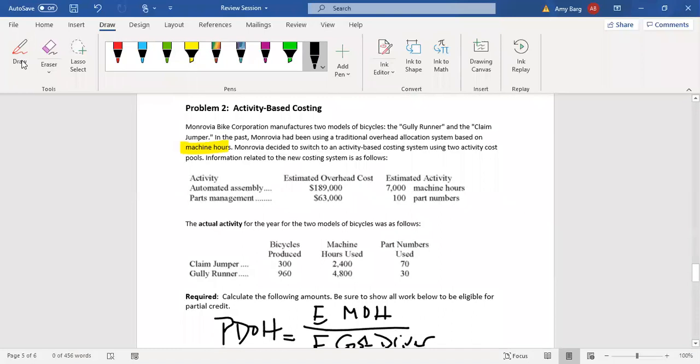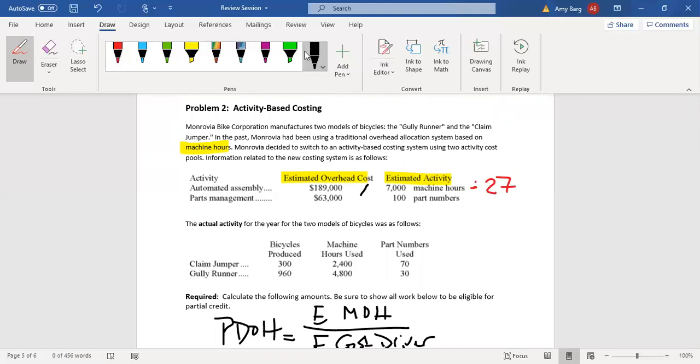It tells us up here what the estimated overhead costs are and the estimated activities. So we can simply divide 189,000 for the automated assemblies. It's 189,000 in estimated overhead costs and 7,000 machine hours. So that is going to be 27 is the rate for that one.